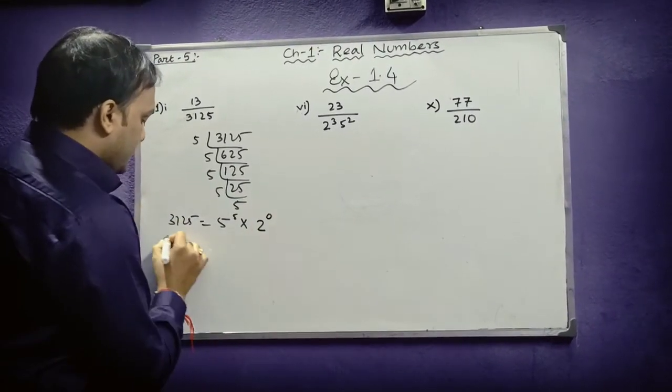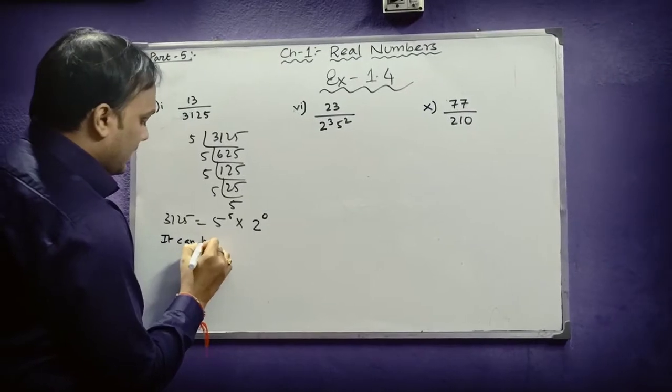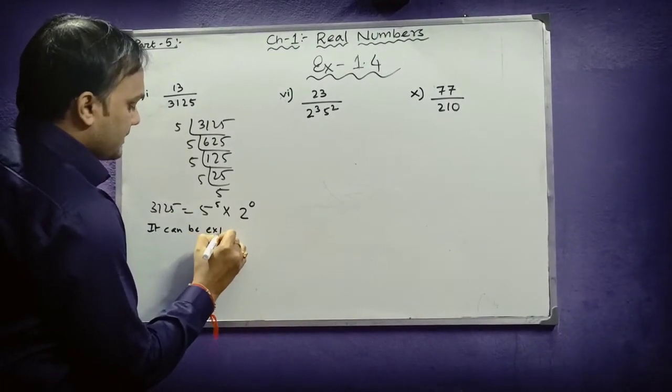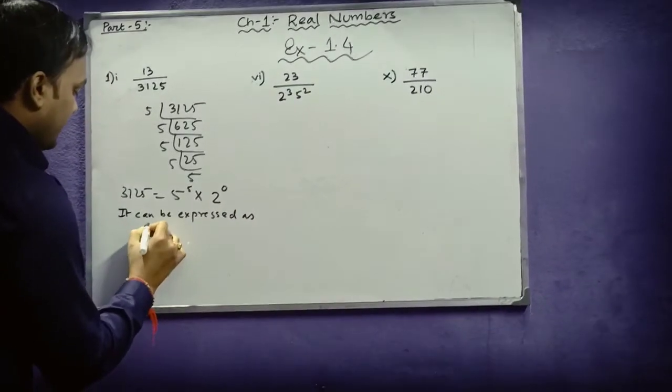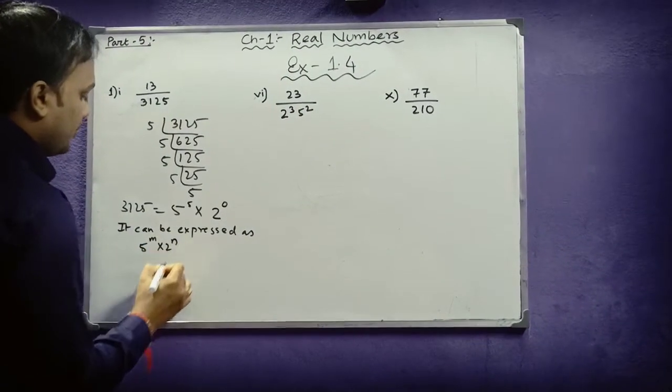So it can be expressed as 5 to the power m into 2 to the power n.